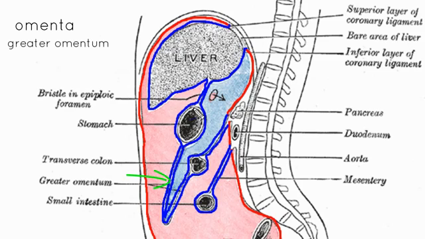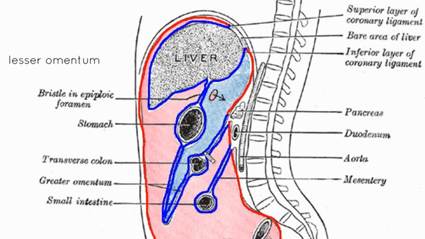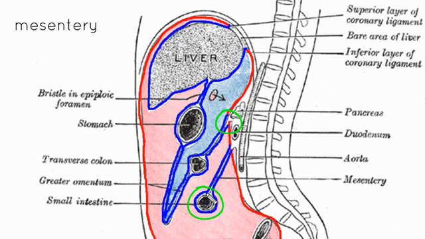So you've got a greater omentum and a lesser omentum. And where the visceral peritoneum doubles up around other organs and attaches it to the posterior abdominal wall, it's called a mesentery. You can see this doubling up of the visceral peritoneum surrounding the transverse colon and attaching it to the posterior abdominal wall. And you can also see it surrounding the small intestine and attaching it to the posterior abdominal wall. This is called a mesentery.